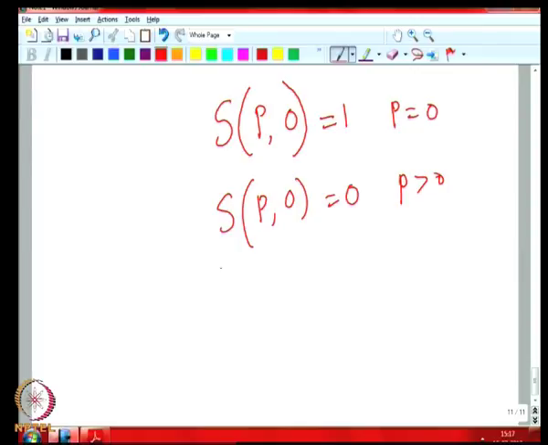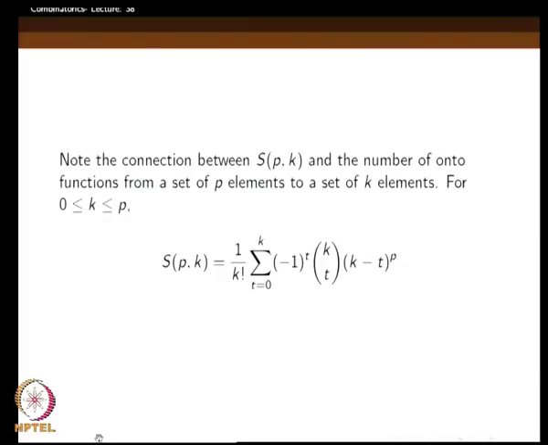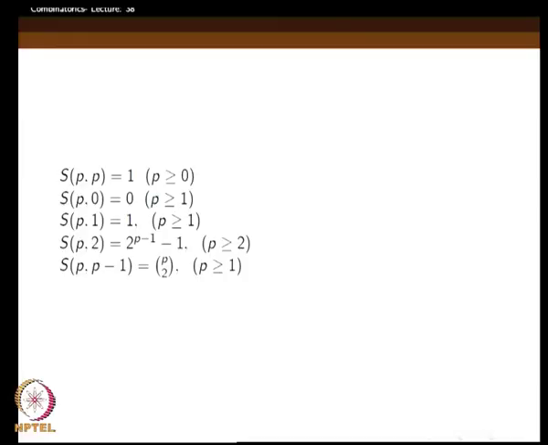So, therefore, this is 0. So, S(P, 0) is equal to 0 for P greater than or equal to 1. S(0, 0) we will take as 1, and another thing is S(P, 1). What will be S(P, 1)?